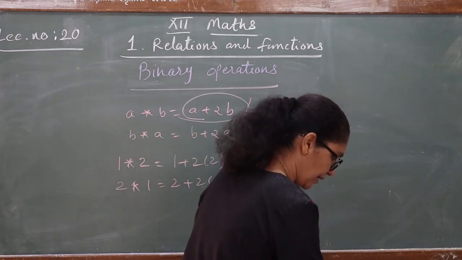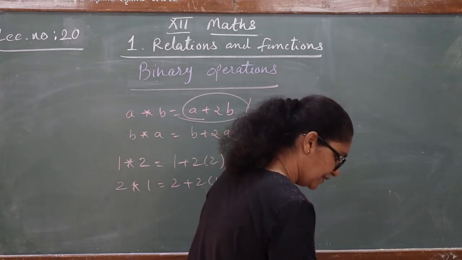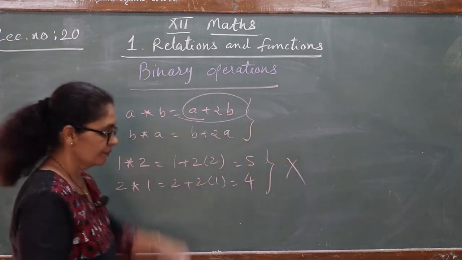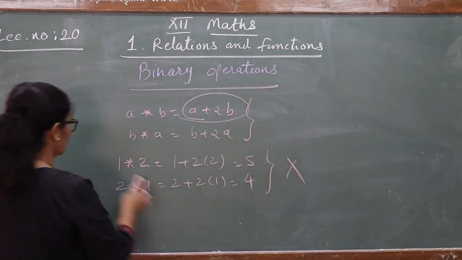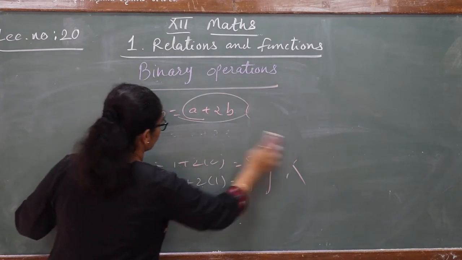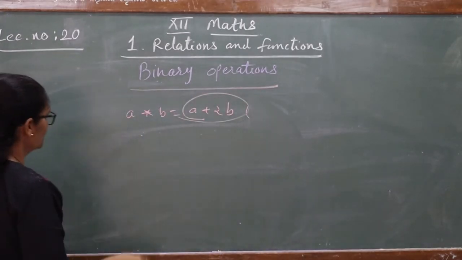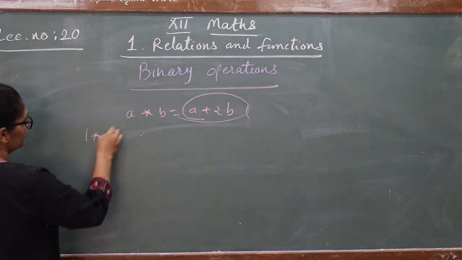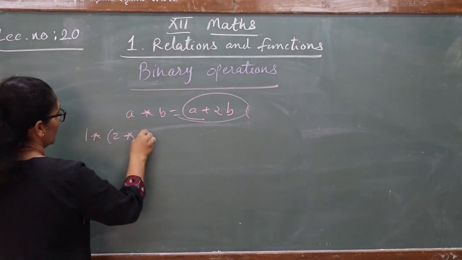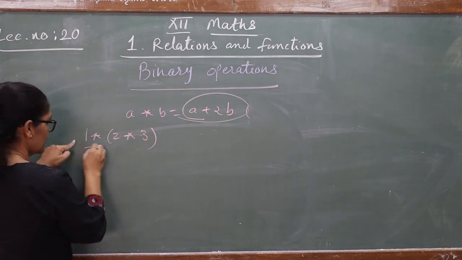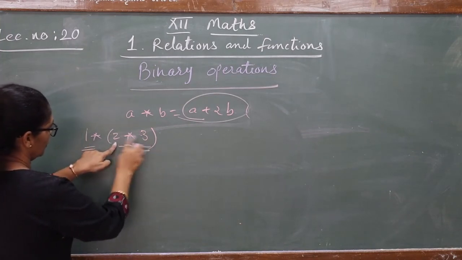Associative, that I have also discussed, but the example is the same, a plus 2b. Now let's check for associative. Here we have to choose three numbers, and suppose your three numbers are 1, 2 and 3. If three numbers are given, first we solve this bracket.